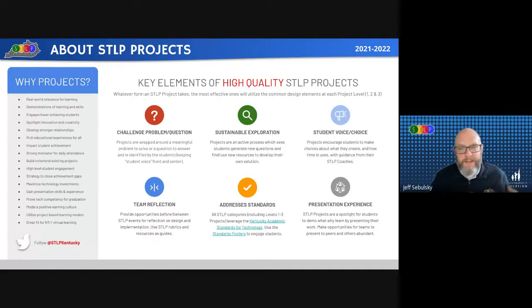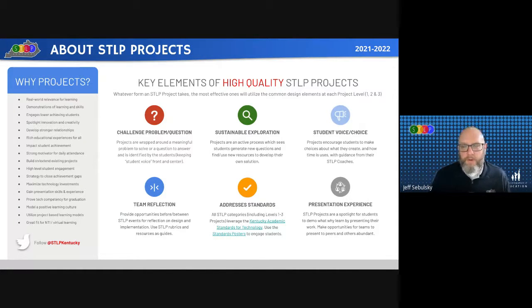But because of that student choice and voice, because we're going to let them ideate, investigate, and get inspiration, they're going to pick projects that are meaningful to them. Therefore, when they do that team reflection, having picked their thing and presented to judges at regionals, asking what they really need to focus on as they head into state, it's just going to keep rolling and build on itself.